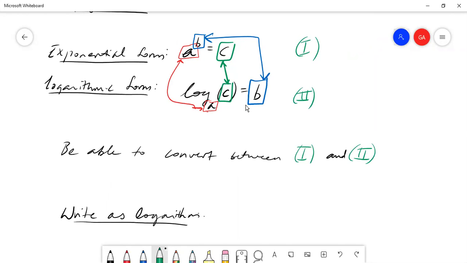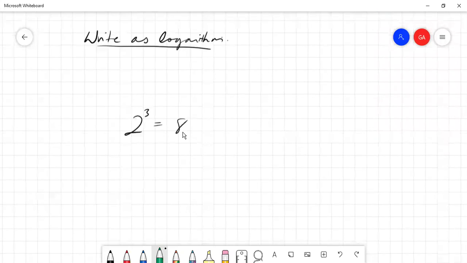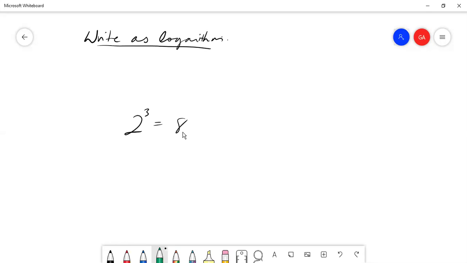They're on the same footing, but note that the right-hand side of a logarithmic statement gives you the exponent, while the right-hand side of an exponential statement just gives you the answer to that exponent. They contain the same amount of information about A, B, and C.